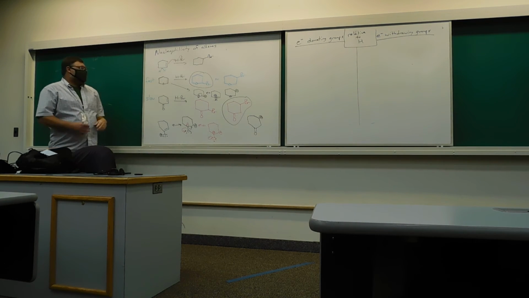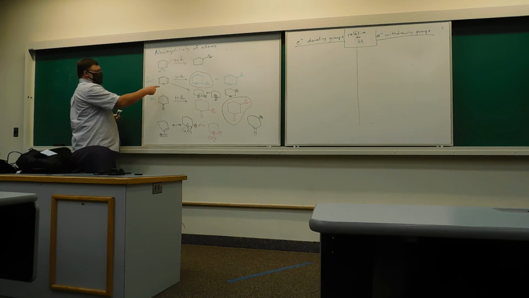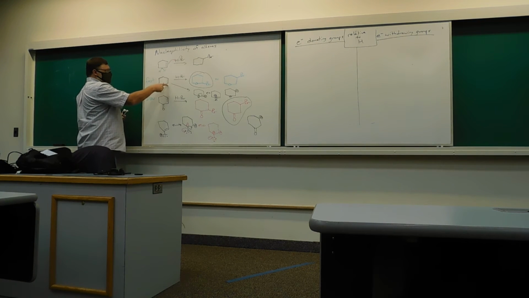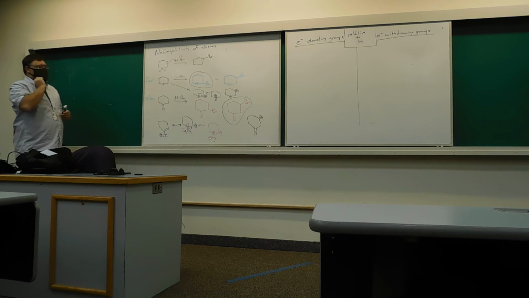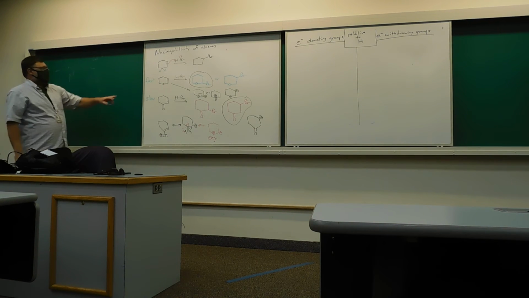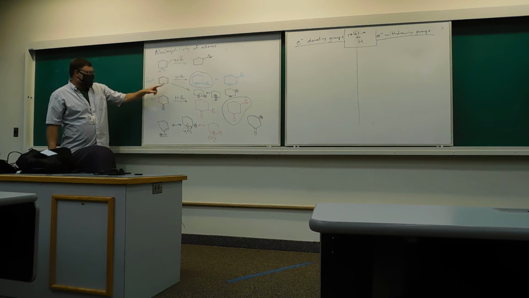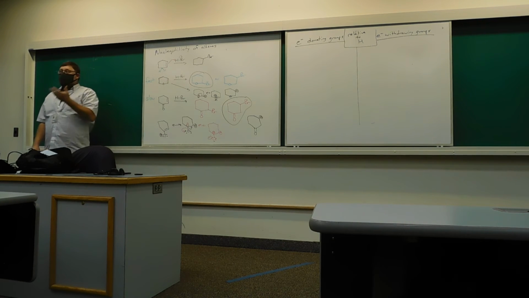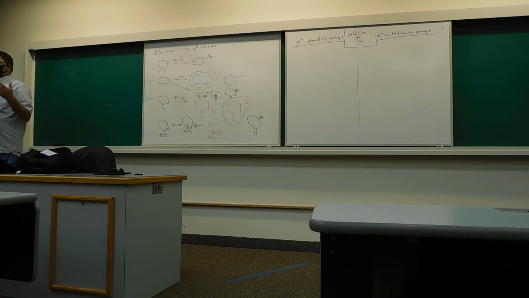To see that, what you want to look at is, do the groups on the double bond push electron density into the pi system, or do they pull electron density out? There are 2 pi electrons in all these alkenes. But where are they is the question, and how much electron density is in there?